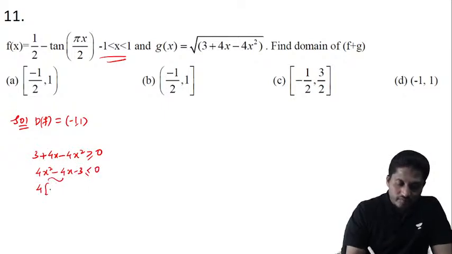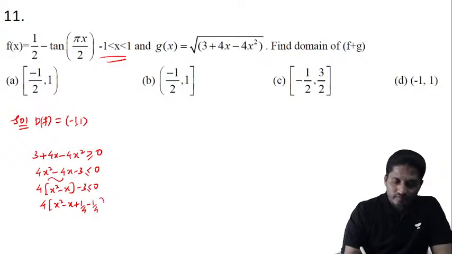Take 4 outside for the first two terms, you get x square minus x. This is equal to 4 times x square minus x. Add 1 by 4 and subtract 1 by 4. Minus 3 is less than or equal to 0. This is equal to 4 times (x minus half) the whole square. Minus 1 by 4 is less than or equal to 3.